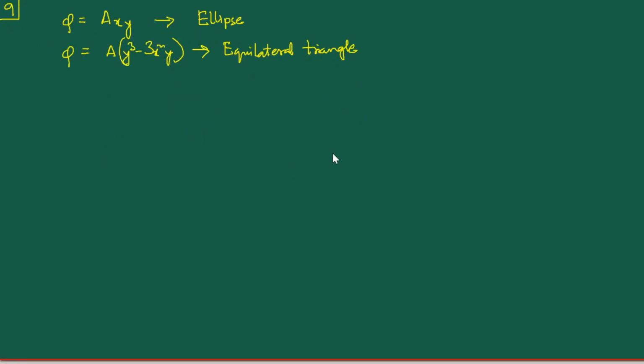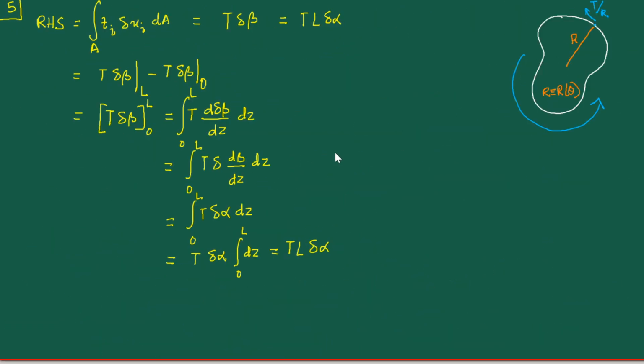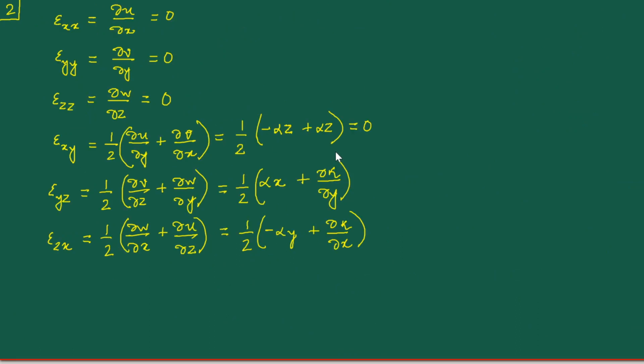meaning to say that if we just go up, we have these expressions for epsilon yz and epsilon zx. All right, so let me just copy these.